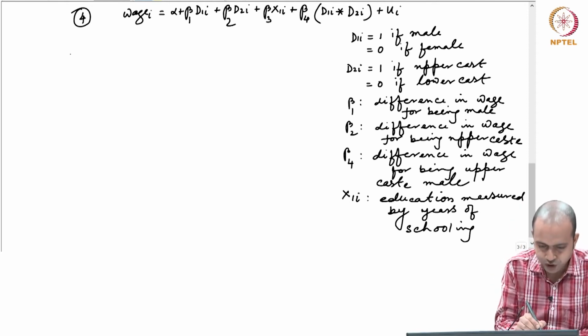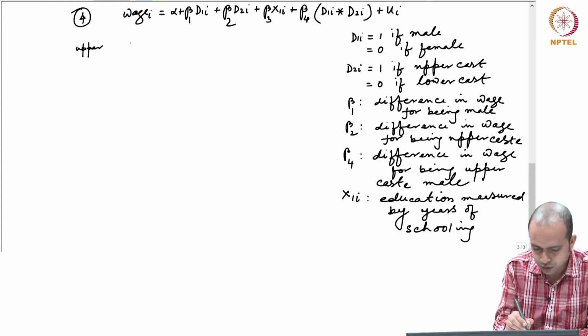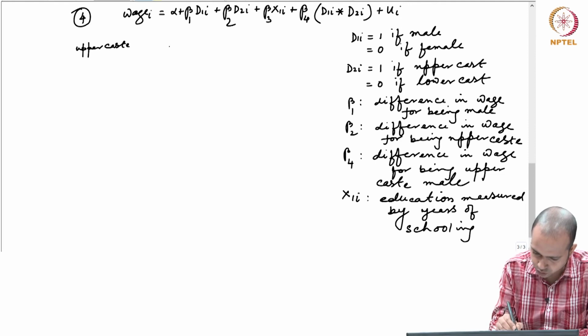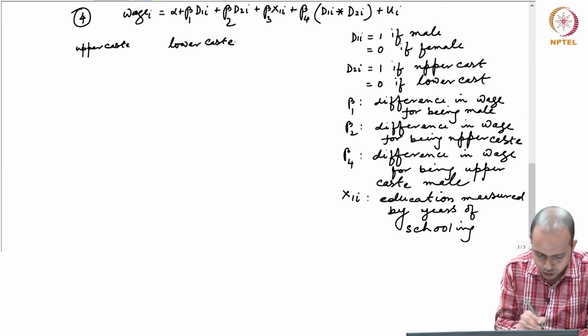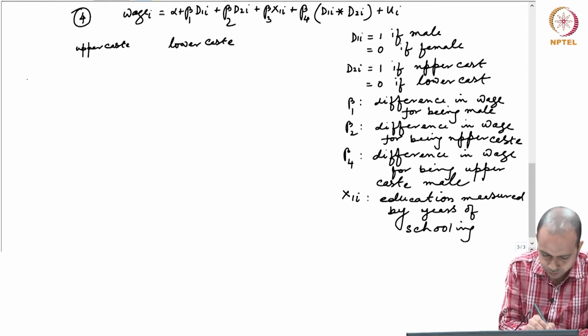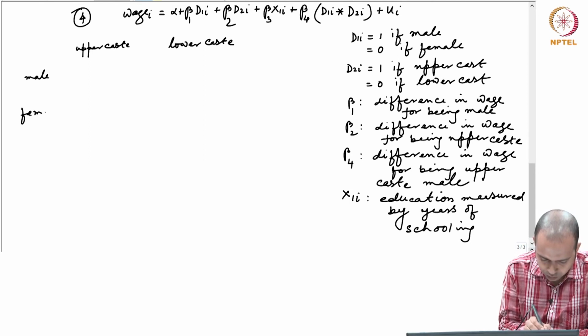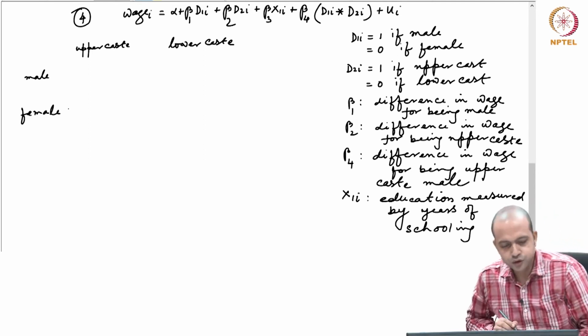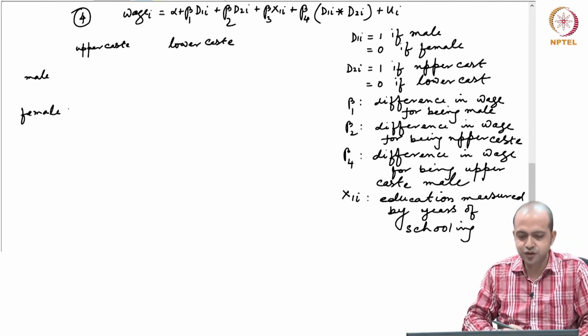I will put here, let us say, upper caste, this is lower caste, then here it is male, and here it is female. So that means I will get several cases.